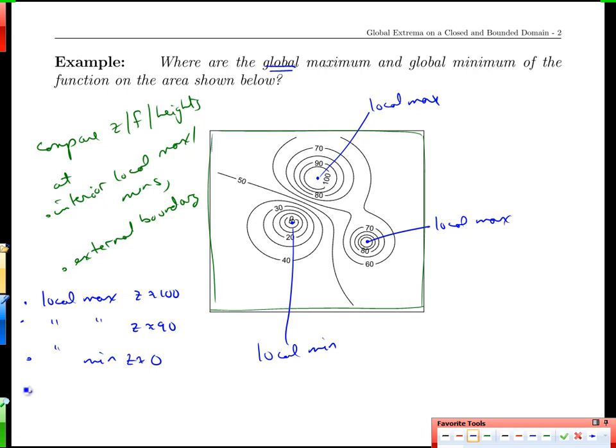And then on the boundary, what's happening? Well, when we cross a contour on the boundary here, we would actually be at height 50. And then once we go from height 50, the next contour is 60. On this whole side here, our z is going to be between 50 and 60. And actually the same thing all the way along this side until we hit the 60 contour.